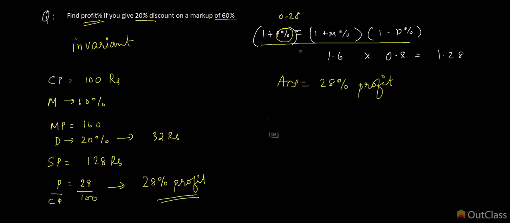Let's look at another example. Let's read the question. After an X% discount, I made an X% profit due to the initial markup of 50%. Find X. Now, if you have these parameters given in terms of variables as opposed to numbers, it's always better to go with the formula.